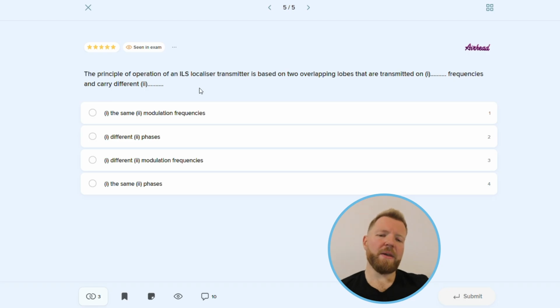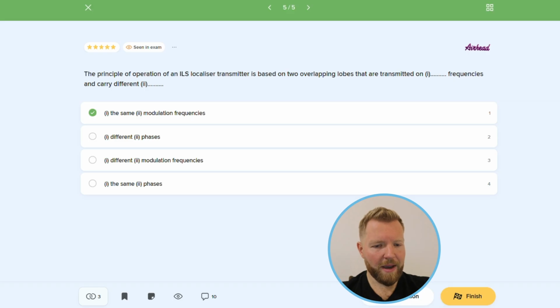For example, if there is more right modulation sensed, the CDI will deflect to the left, indicating that our position is to the right of the localizer, and we have to correct left. So, the correct answer is answer number 1. Lobes are transmitted on the same frequencies and carry different modulation frequencies. And this one is also correct.